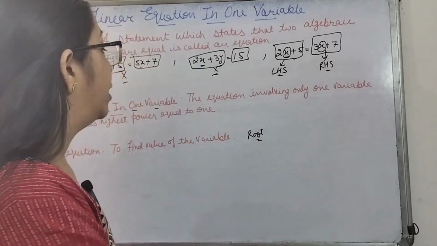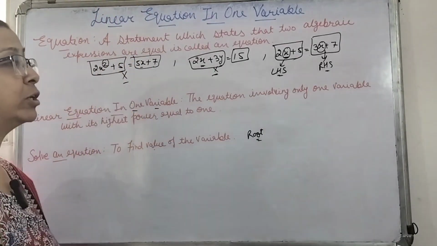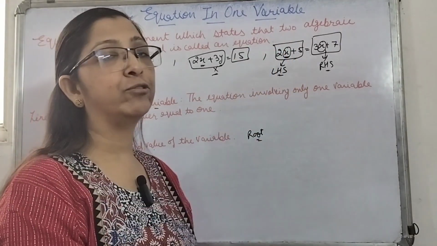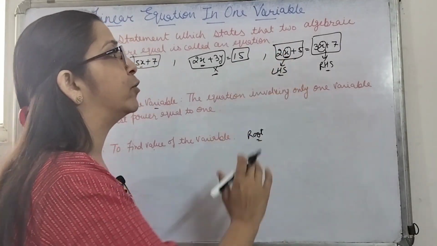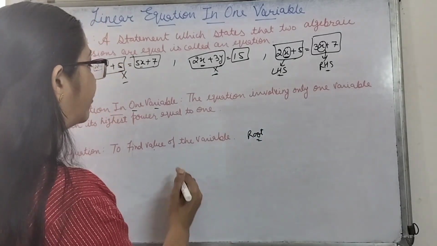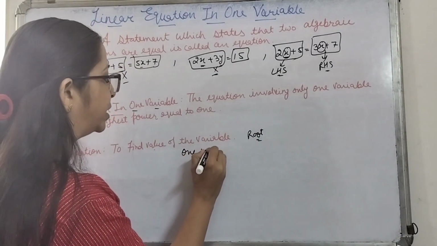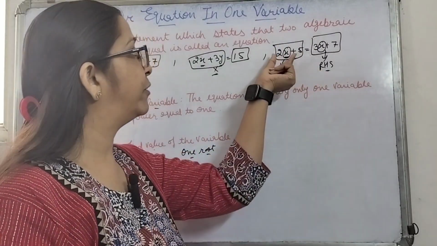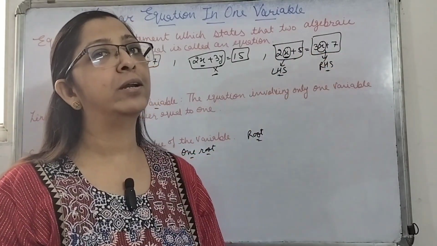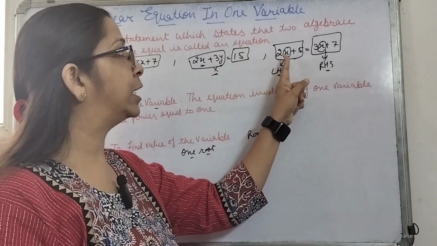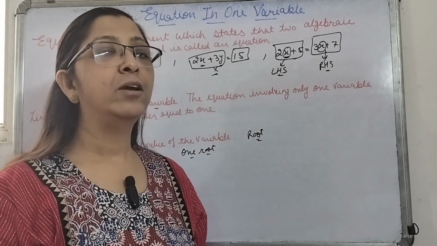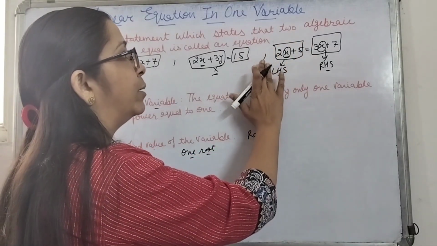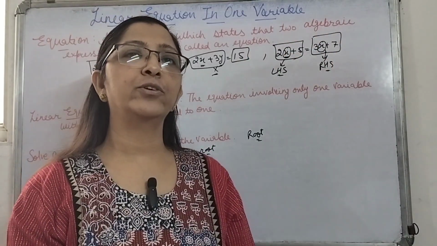For a linear equation, that means the degree, or we can say the highest power of the variable, is 1. In this type of linear equation, we will have only one root. That means there will be only one value of the variable for which the left hand side will become equivalent to the right hand side.